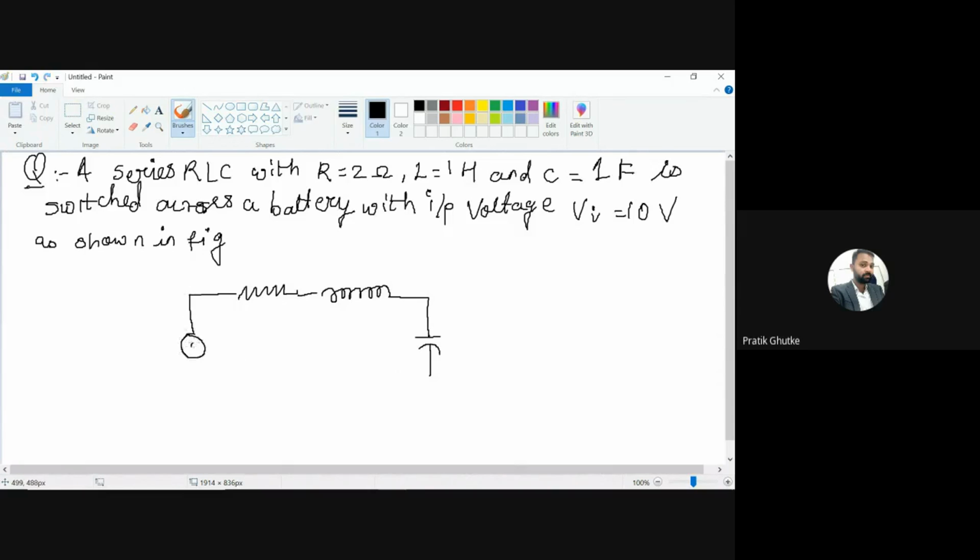Here the voltage Vi equals to 10 volt, they have given R equals to 2 ohm, L equals to 1 Henry, and capacitance C equals to 1 farad. So this is the electrical network that they have given.